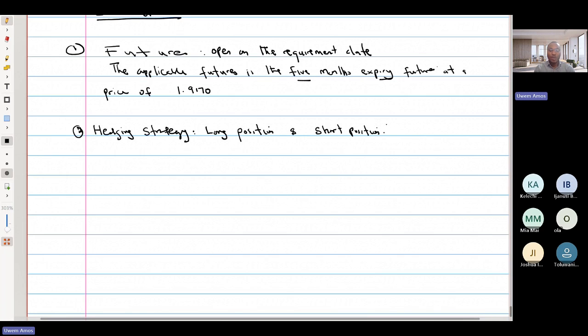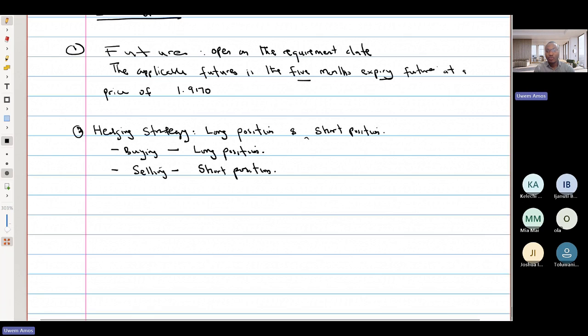Now, if you are buying now, that would be a long position. If you are selling, that would be selling futures now, that would be a short position.